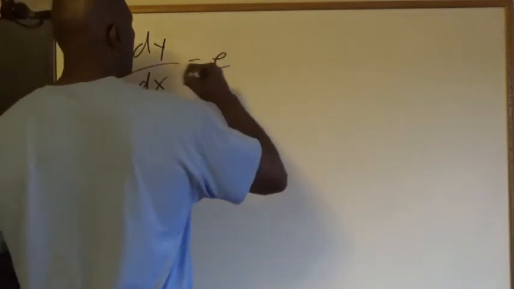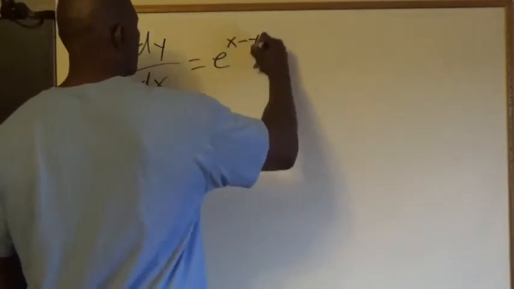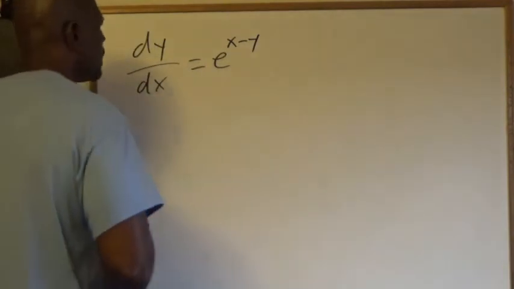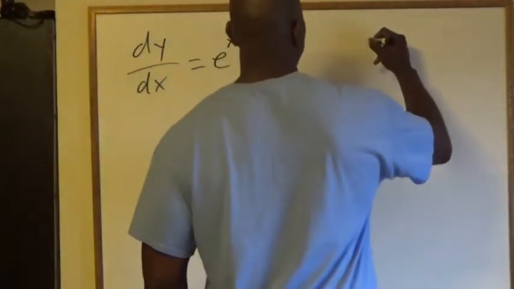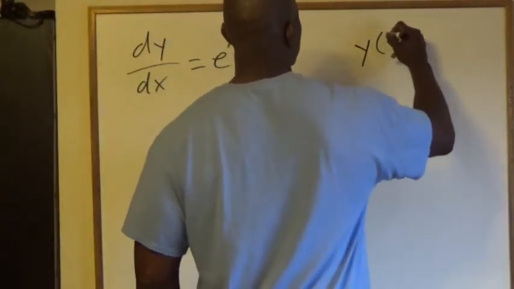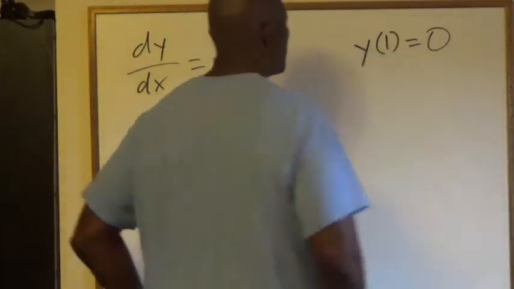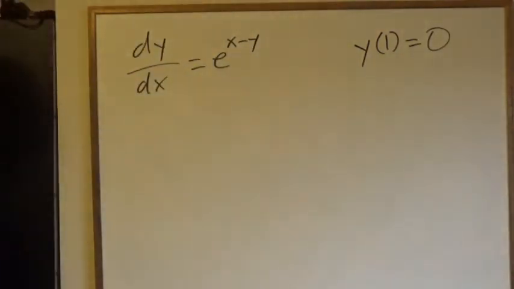So my next example will be dy by dx equals e to the power of x minus y, and my initial condition will be y of 1 equals 0.